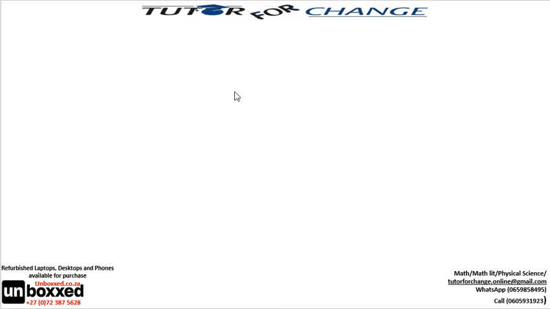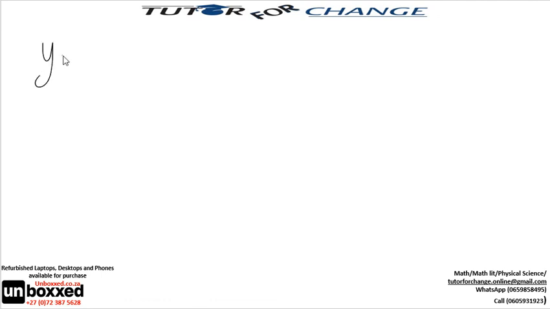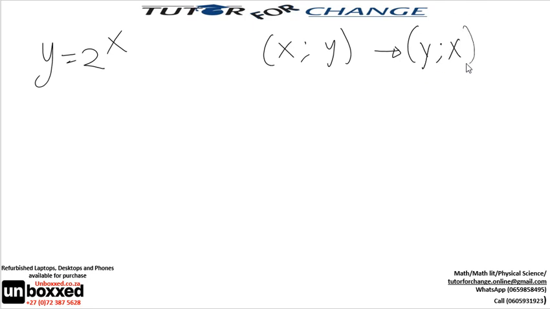Okay, you must recall something. When I started this, I told you we want to avoid these steps, right? We want to avoid these steps, so we have to find a way to avoid them. So here's a way. If you are given an equation like this, y equals 2 to the x, and you are asked to solve this whenever we have this transformation, as long as you know the reflection, you just have to write log of x base 2.